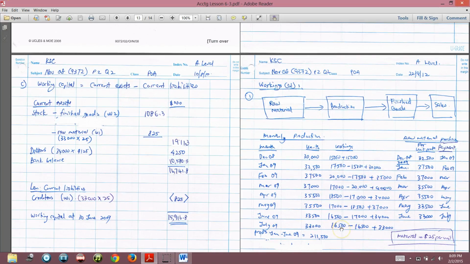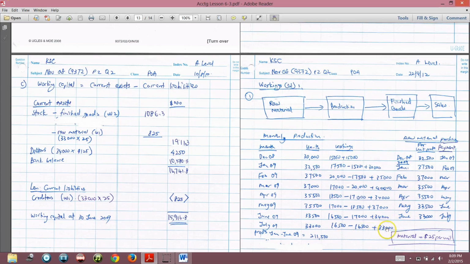The closing stock for July is also 16.5, because the closing stock for every month must be able to meet half of the next month's production, and the August production is 33,000, so half of it is 16.5. And the sales for July is 33,000 units.